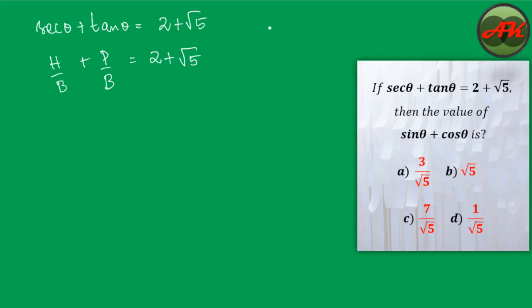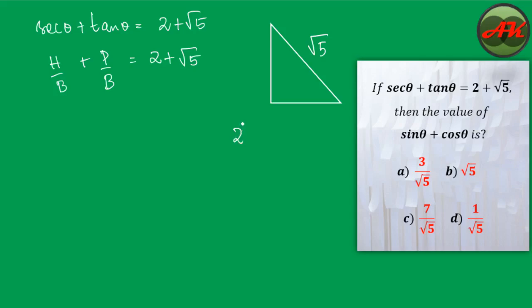So let us take a right triangle for understanding this problem. We know that the longest side is the hypotenuse, so we can take root 5 as the hypotenuse. Let me write this; at the end you will know why I wrote this.